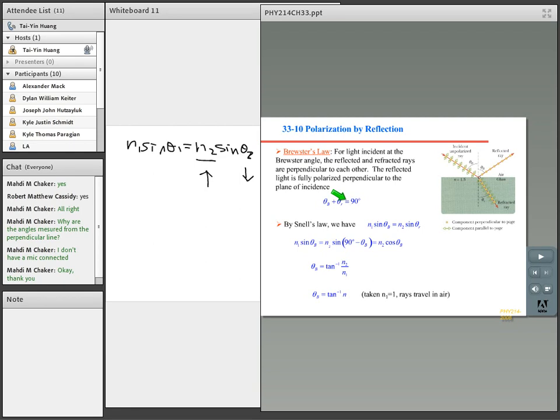So in this case your theta 2 has to be smaller than theta 1 if N2 is greater than N1. Just by looking at this, it means that the refracted ray will be closer to the normal.